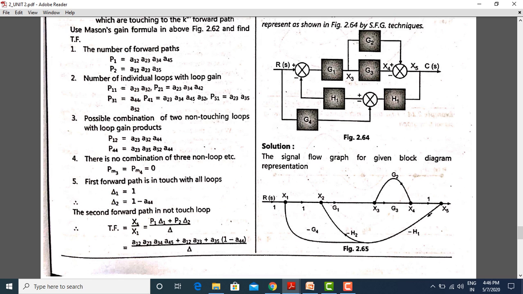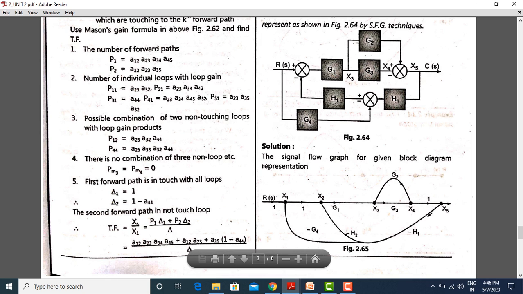From this x4 to this x5, nothing is here, so gain will be 1. So just observe, from x3 it is shifted to this summing point x4. Just we have jumped up, arrow direction is in this way, so I have given the arrow direction in this way. The gain is G2, so added this gain.